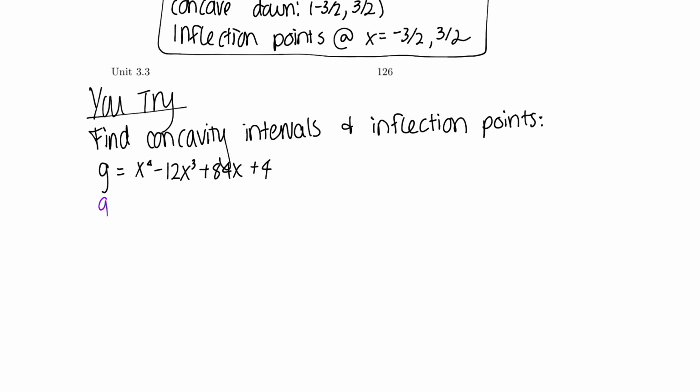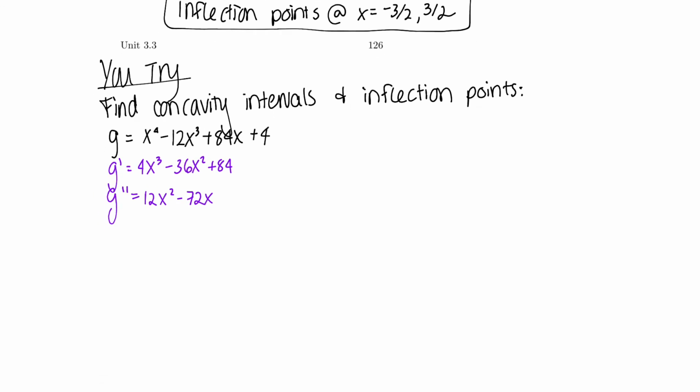So with this problem, we'll find our first derivative. Then we'll find our second derivative, setting that equal to 0. We can factor out a 12x, so we get x equals 0 and x equals 6.